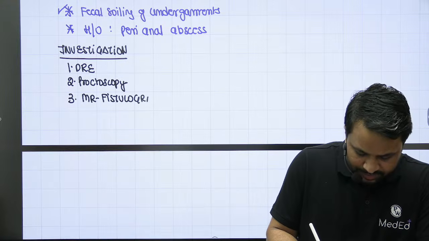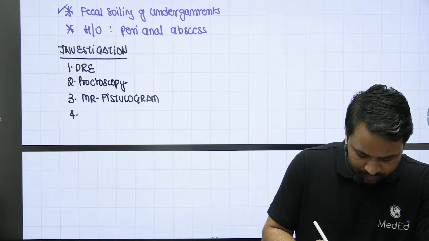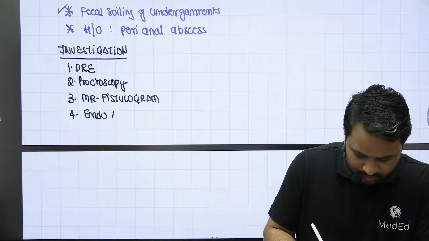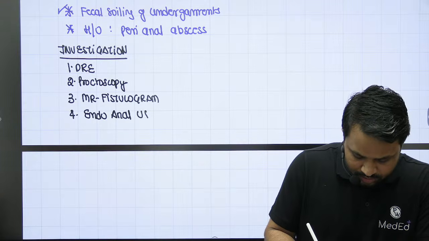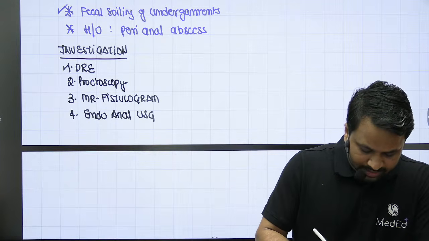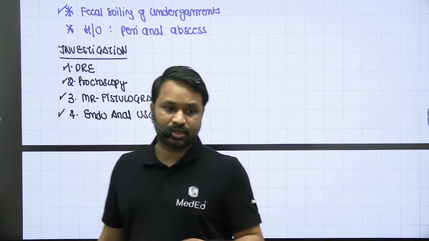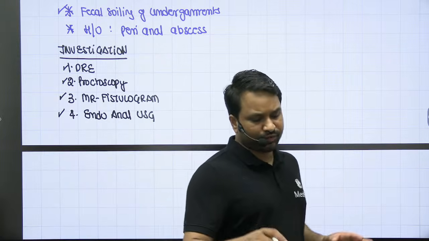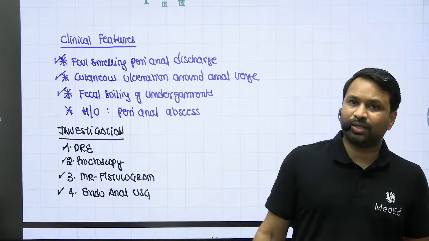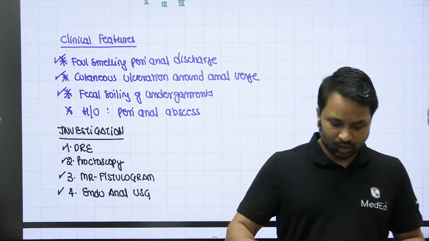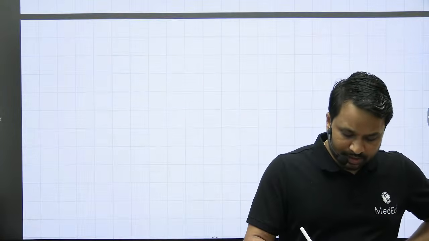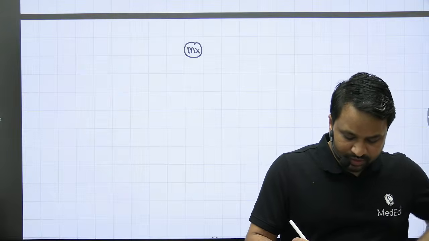For complex varieties, you can also plan for endoanal ultrasound. So digital rectal examination, proctoscopy, MR fistulogram, and the endoanal ultrasound is what you have to do for your fistulas in ano, right? Once you have diagnosed fistula in ano, the management depends upon what type of fistula you have.